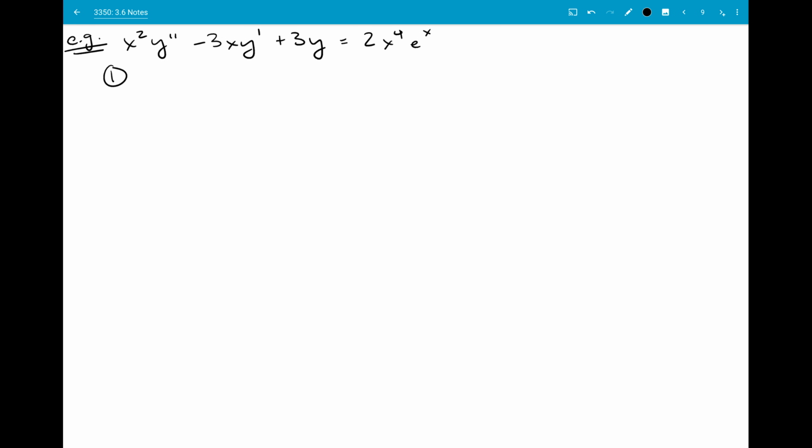So first of all, x squared y double prime minus 3xy prime plus 3y equal to 0 is a Cauchy-Euler problem. And we learned how to solve that, or we're currently learning how to solve that in this section.